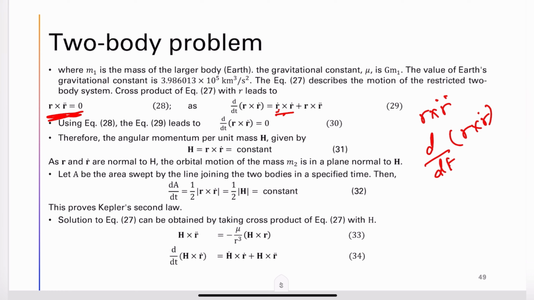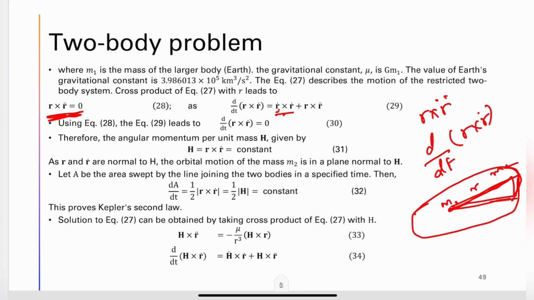Here the line joining the two bodies m1 and m2 is some r. When you consider the object m1 to be almost stationary, now the area swept by this r. I think you remember Newton's second law now. If this is an orbit, this is the area swept by the object in some time.